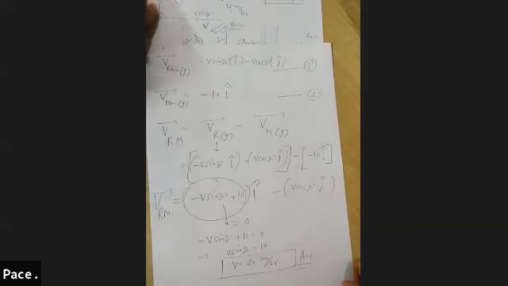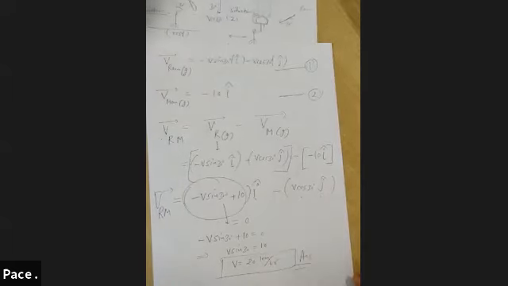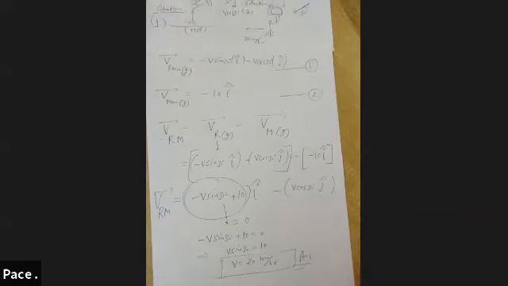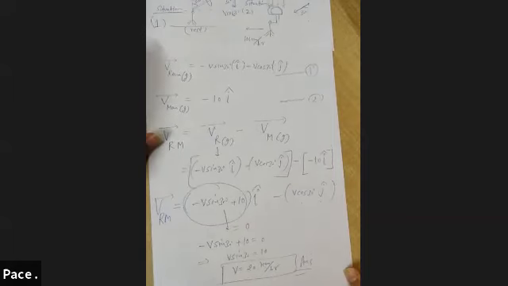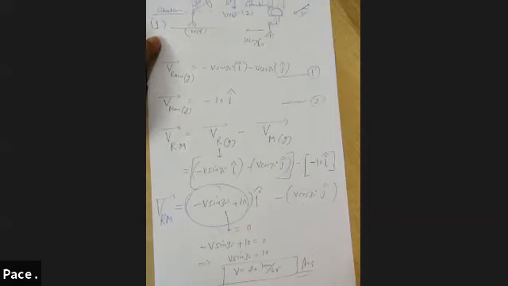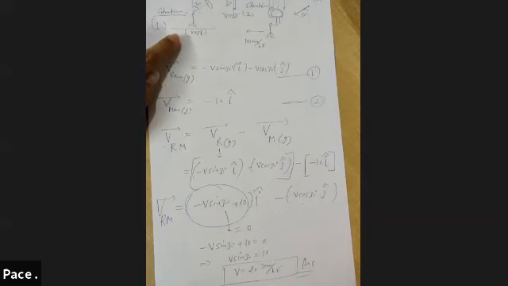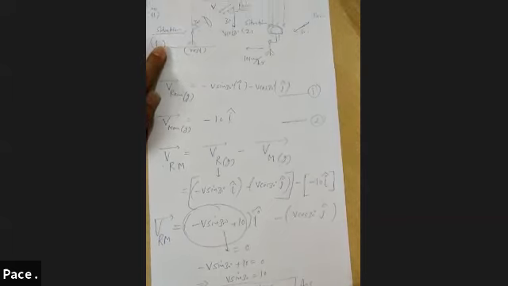This V is nothing but the velocity of rain with respect to ground. Is it clear? So in situation one, the man was at rest and he had to hold the umbrella at an angle of 30 degree with vertical.